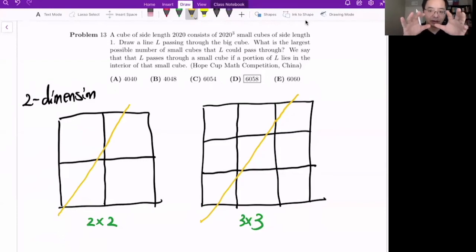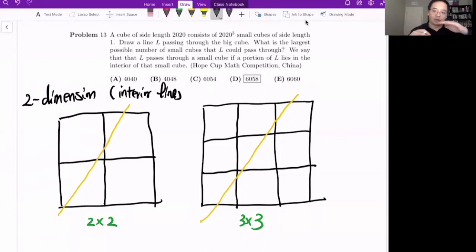Now the point is, let's see whether we are able to derive some general mechanism behind how we should design the line. For that, I'm going to define something called interior lines. Interior lines means those lines, either horizontal or vertical, that are inside of the square. Here I have this interior horizontal line, and this interior vertical line.